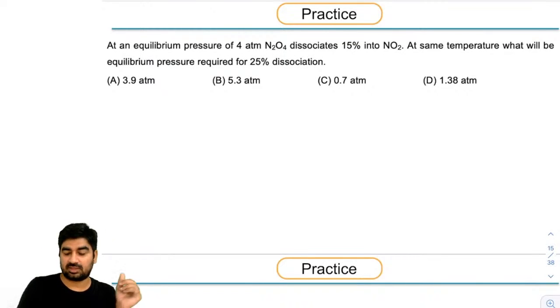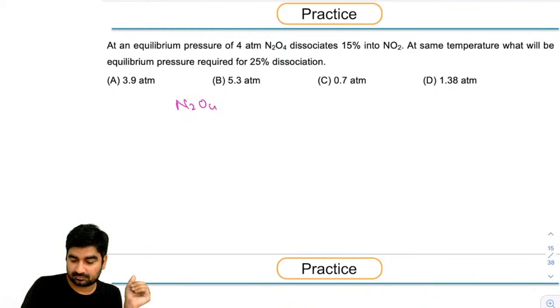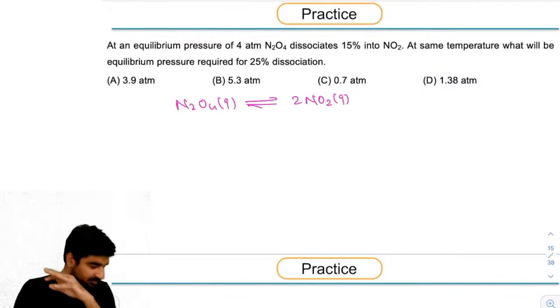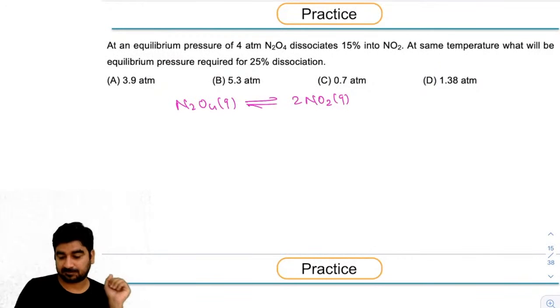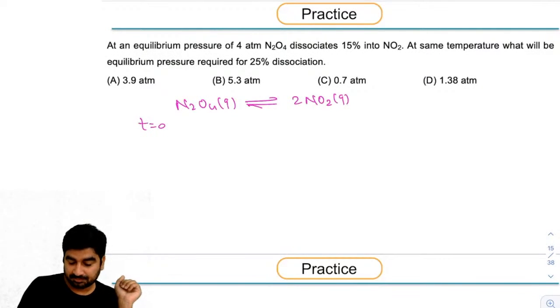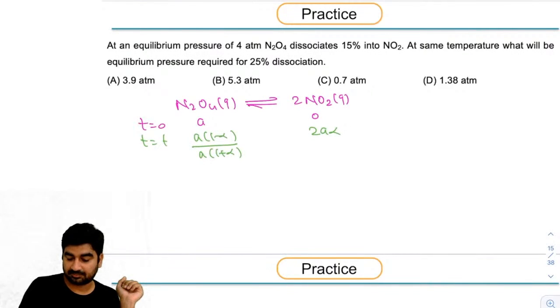So N2O4 will dissociate and it will give you 2NO2. At t equal to 0, A moles and 0 moles. And after some time, what will happen? It will be 2A alpha. So total moles will be A(1 plus alpha), multiplied by P total.